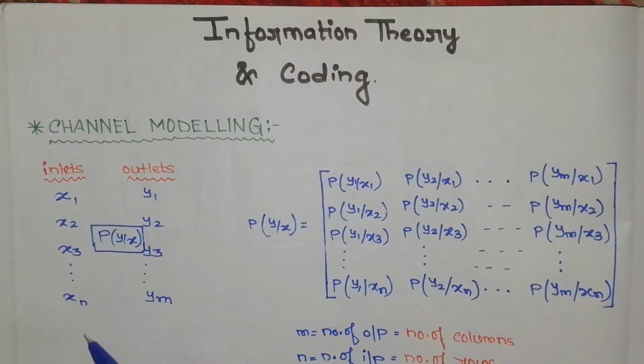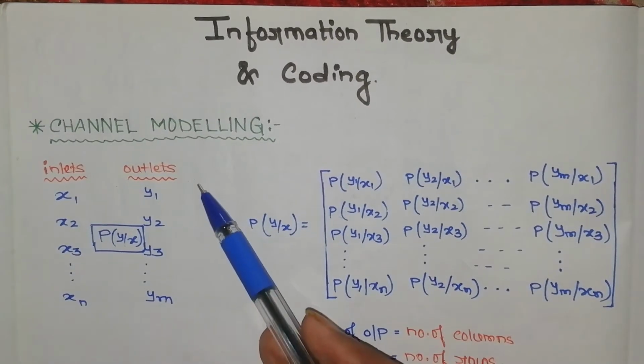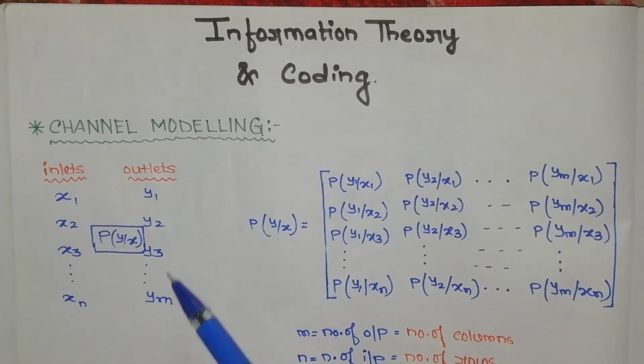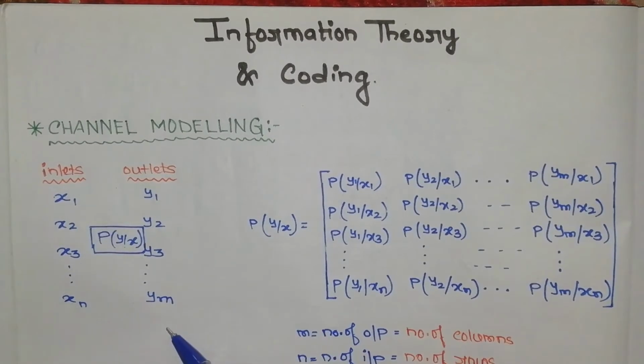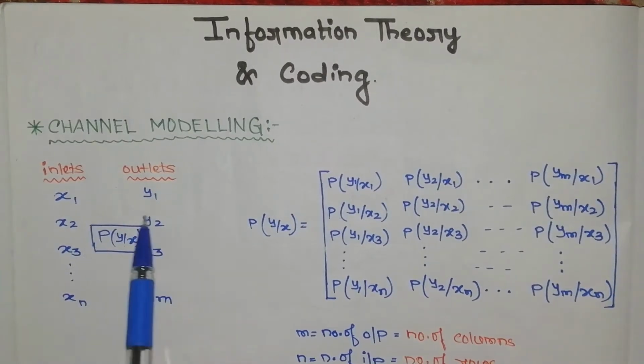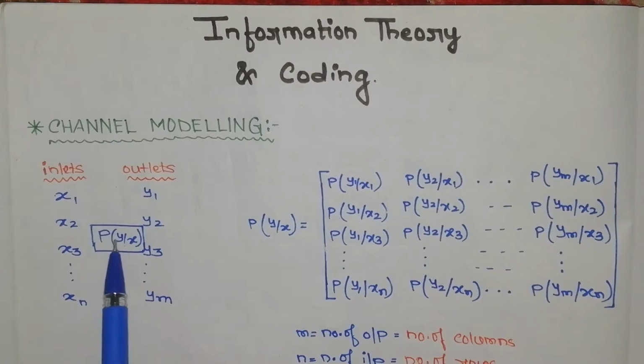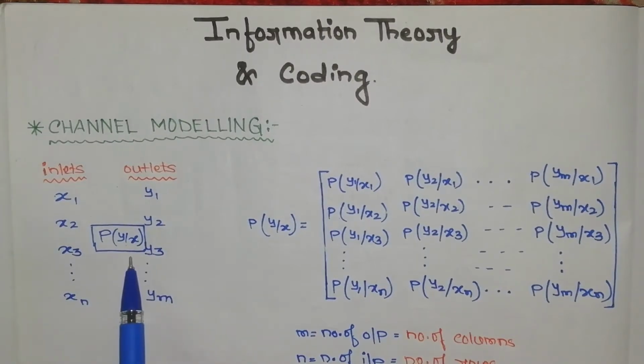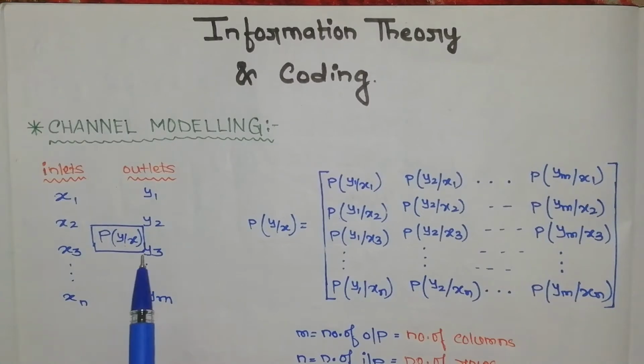So there will be n number of inlets, and the outputs are the outlets, that is y1, y2, y3 up to ym. So there are m number of outlets. There is a transfer function p(y/x), that is the conditional probability of y given x.